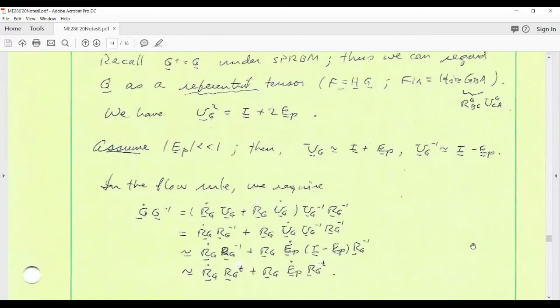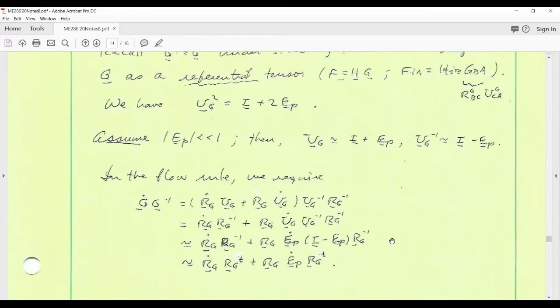If you remember the flow rule, that flow rule specifies this combination, G dot G inverse. That was lambda df/dS, where f was the yield function. So let's work on G dot G inverse using the polar decomposition of G. Just take the dot of G and then multiply by G inverse.